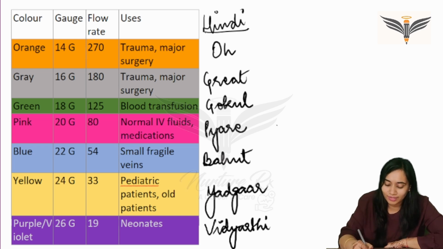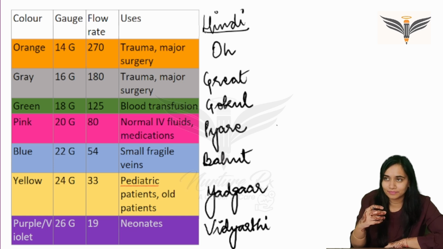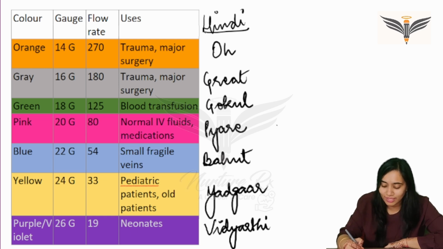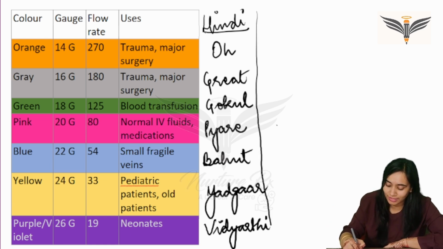So in Hindi you have oh great. You see how it is pronounced, great, so you'll remember it is for gray, and the next G is for Gokul. Oh great Gokul Pyare, बहुत यादगार विद्यार्थी. So this is the mnemonic for you in Hindi.